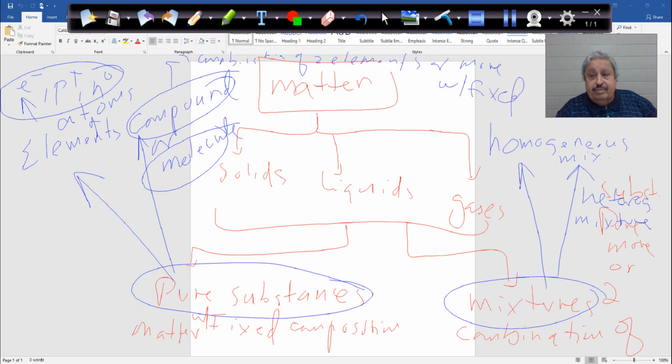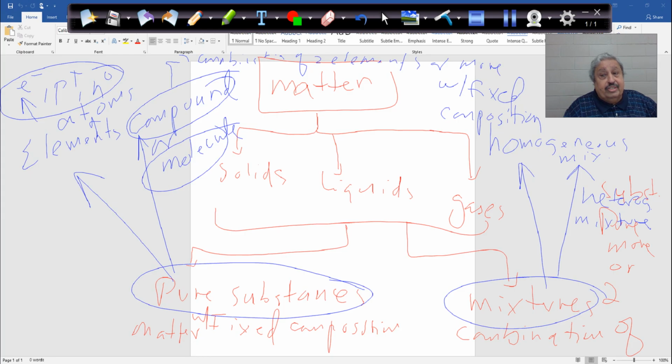Fixed composition means whether you are here or on the moon or at the North Pole or South Pole, wherever you are, any spot in the universe, our galaxy called what? The Milky Way, correct? Any galaxy you are in, the composition is not changing. That's why we call this a compound or molecule.